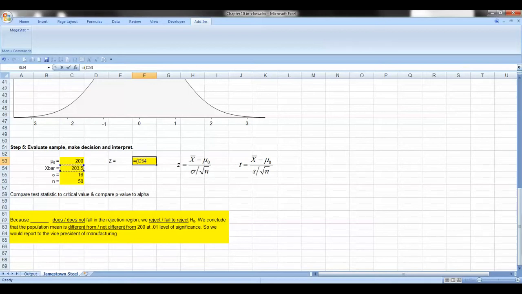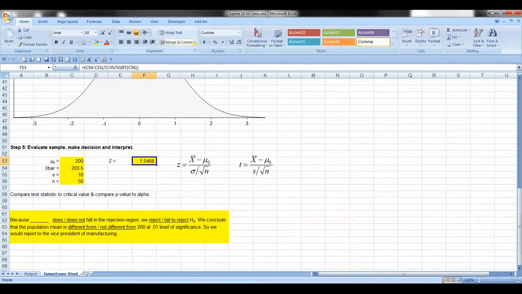So we want the x bar minus the mu divided by the standard deviation divided by the square root of n, close it out with our two closed parentheses, and we get 1.5468. If we brought that down to just 2 decimal places, it would be 1.55.